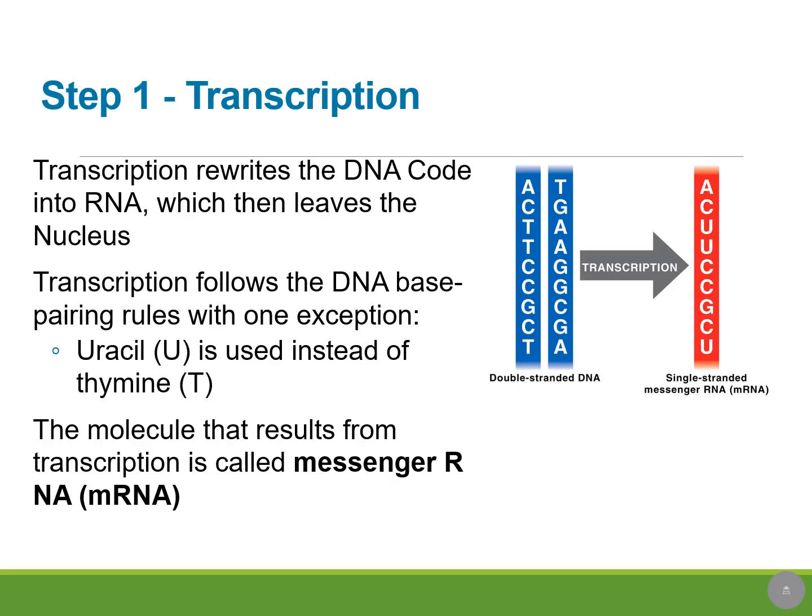So step one is transcription. Transcription is taking DNA and turning it into RNA. So it's essentially taking DNA that cannot be read and turning it into RNA to be read. So think of DNA being in a language you don't understand at all, and then RNA is something that's close to English.